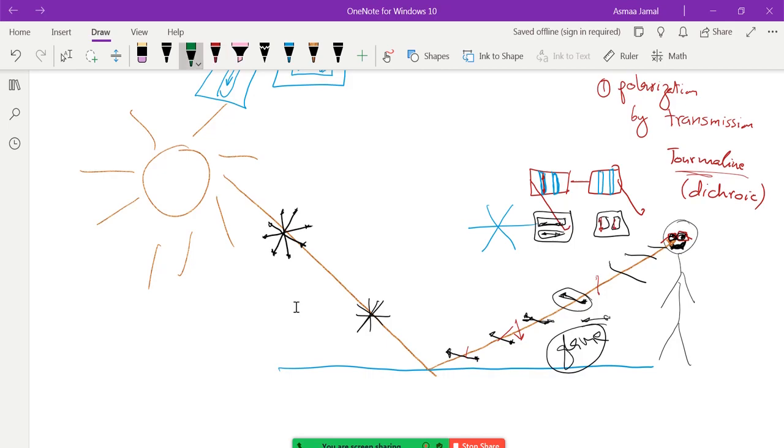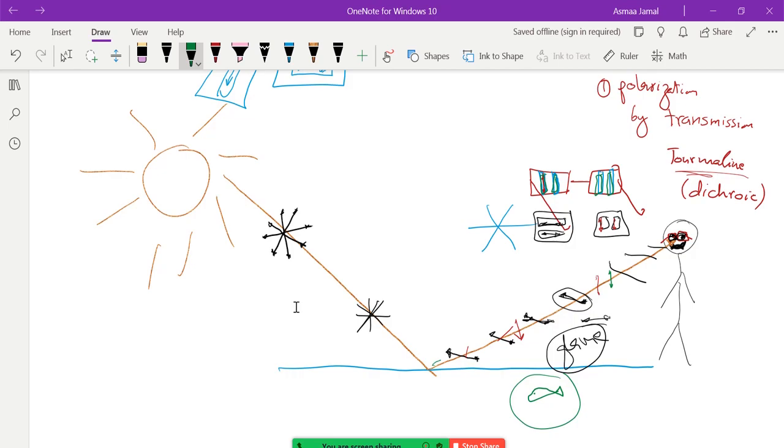So if you are a fisherman and you want to see fish inside the water, your sunglasses should be with vertical slits or vertical aperture to allow just the little amount of vertical plane to pass into your eyes. Now you can see the fish easily.